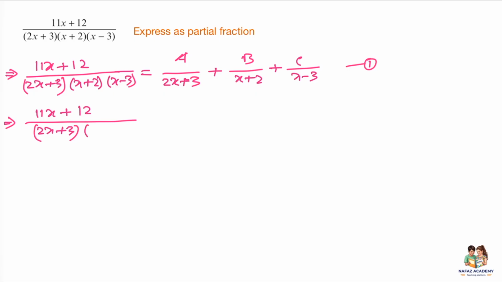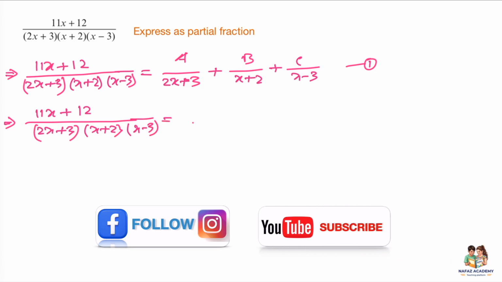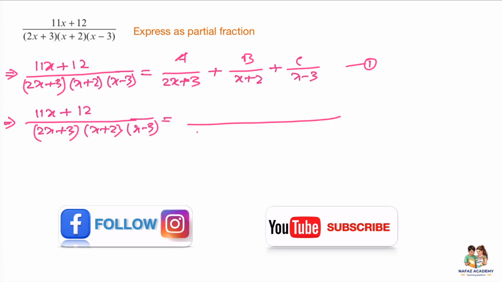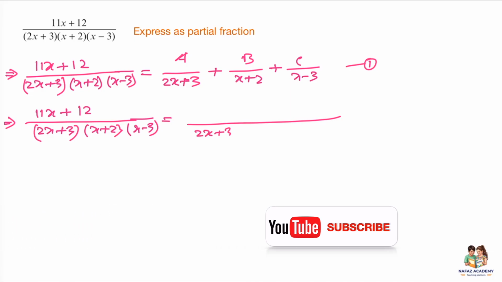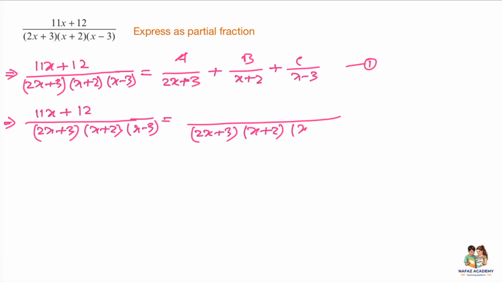Do you know how to take the LCM between multiple fractional values? The LCM is 2x plus 3, x plus 2, x minus 3, right? So for the A part, 2x plus 3 is eliminated, so the rest is x plus 2 and x minus 3.